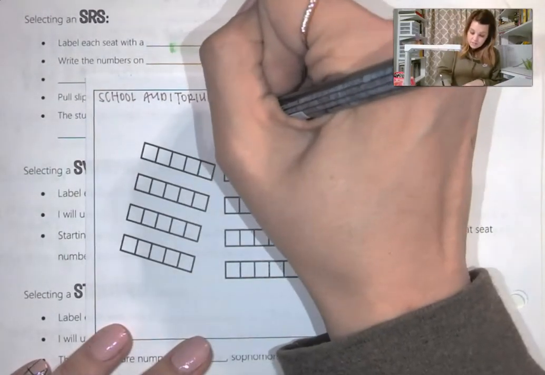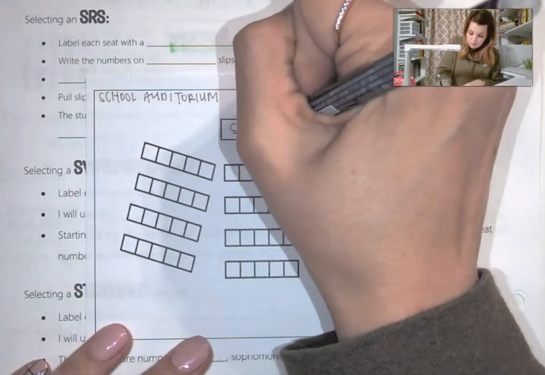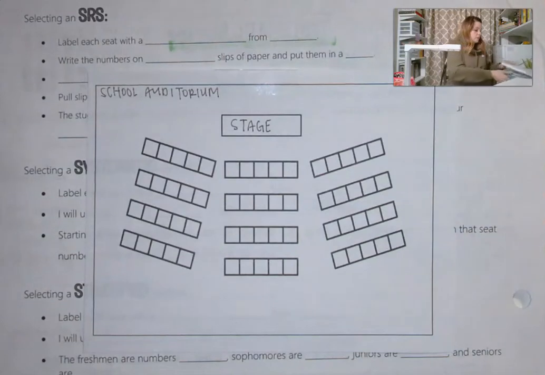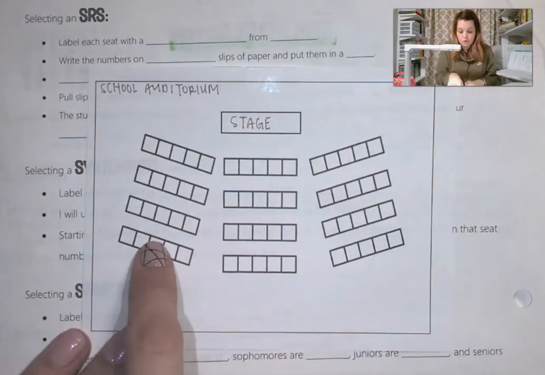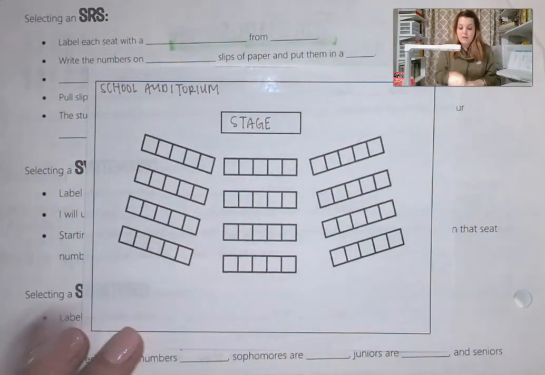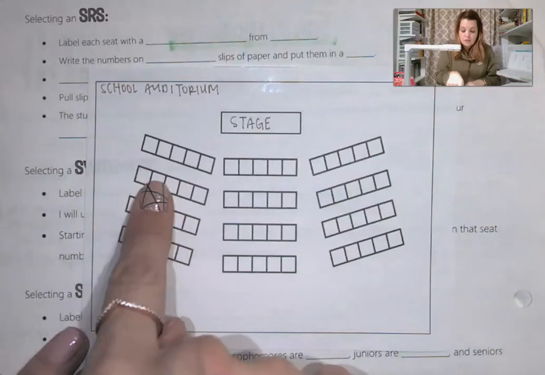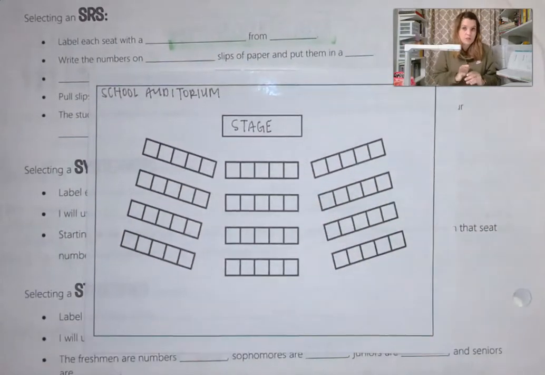This is your stage, and then based on that we have 4 rows and 3 sections. In relation to the stage, this would be row 1, row 2, row 3, row 4. And then we have 3 separate sections: Section 1, Section 2, Section 3.